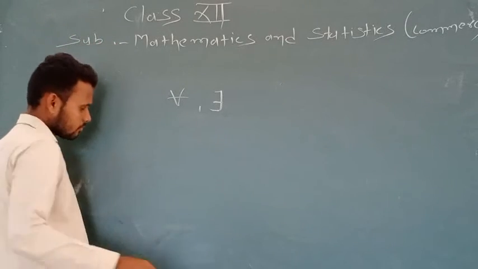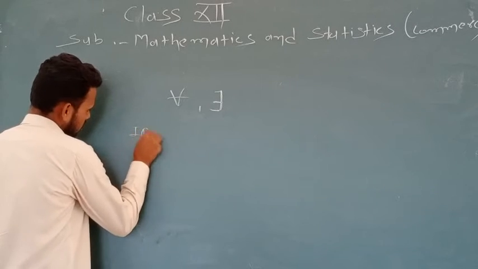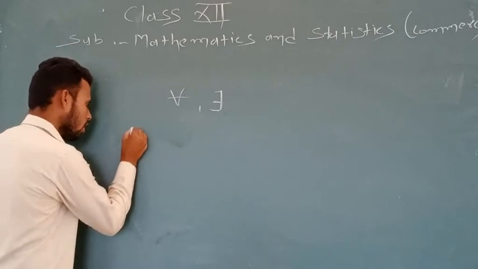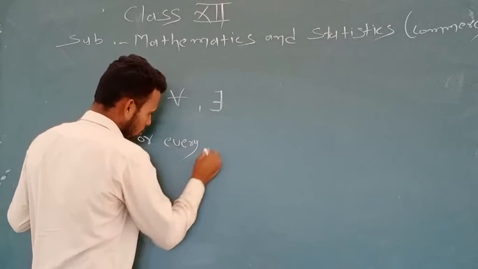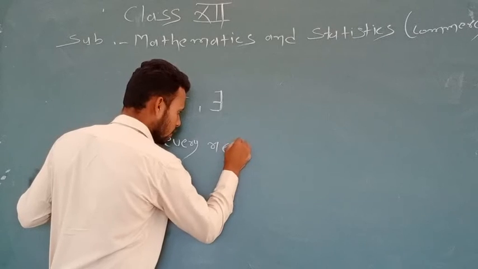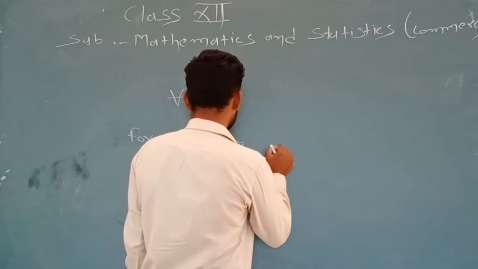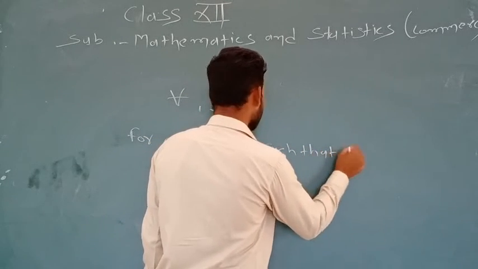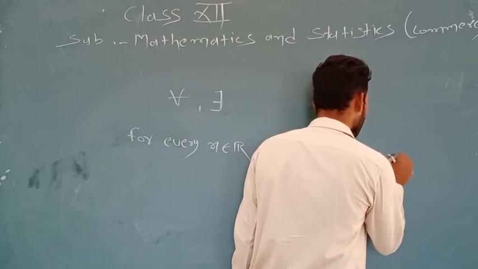For example, for every x belongs to real number, such that x square is non-negative.